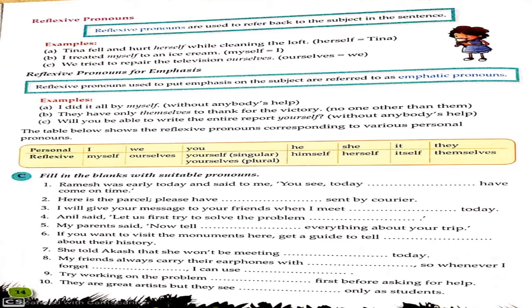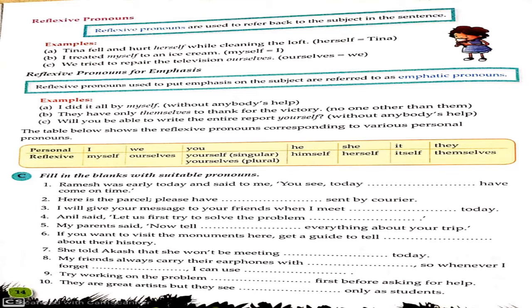So here you can see two persons, that is Ramesh and me. Ramesh came early today and he's saying to me, "You see, today dash have come on time." So who has come on time? Ramesh. So Ramesh is now talking to me. So Ramesh is the first person. So Ramesh is saying, "I have come on time."